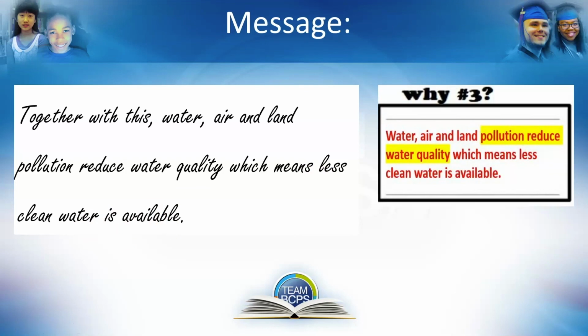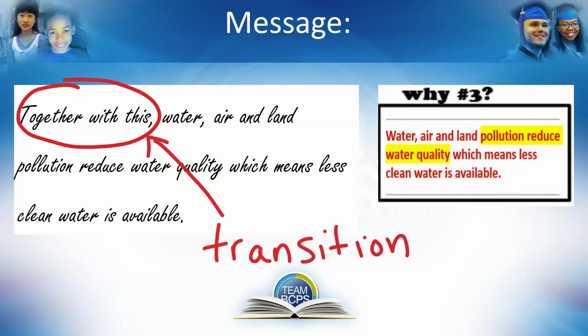Again, look at the beginning of this sentence. What do you think these 3 words are? Together with this. That's right. This is another transition phrase that connects the last sentence with this sentence right here.